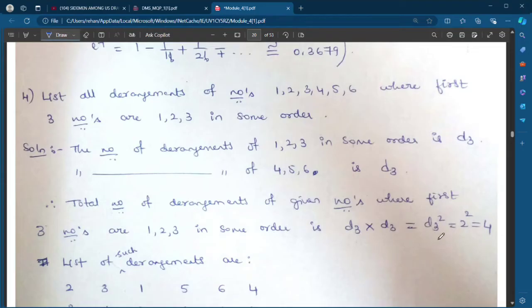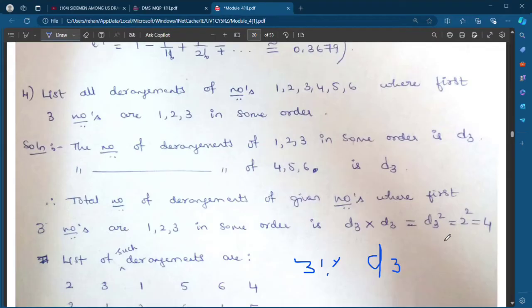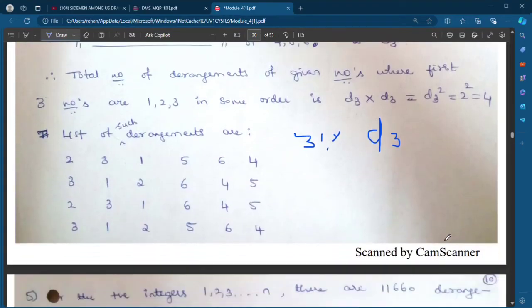How is it 2 squared? We are doing D3 times D3 here. The value of derangement of 3 is 2 here, so D3 squared is 4.